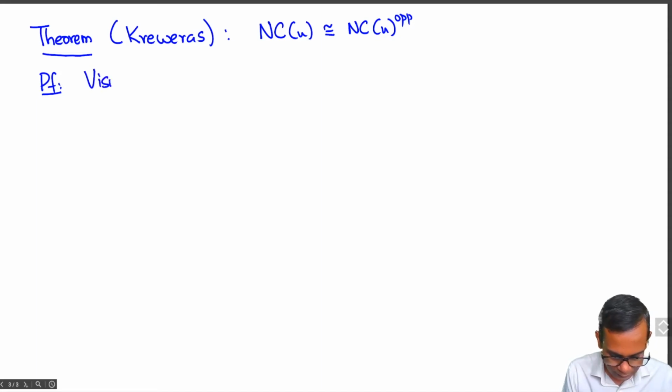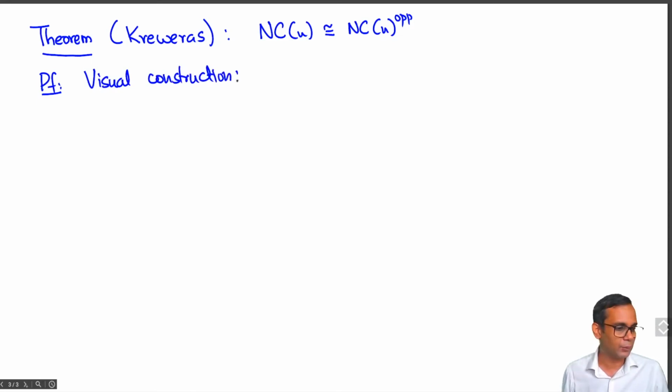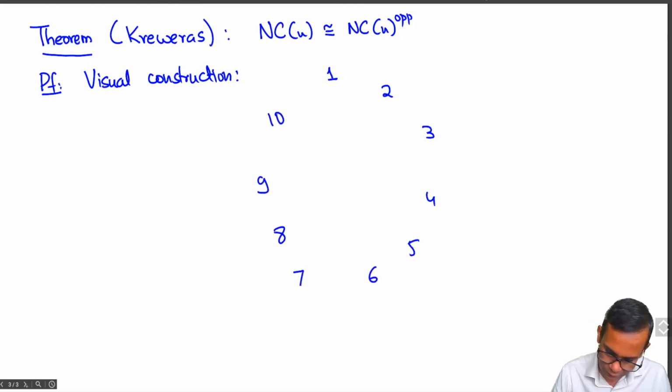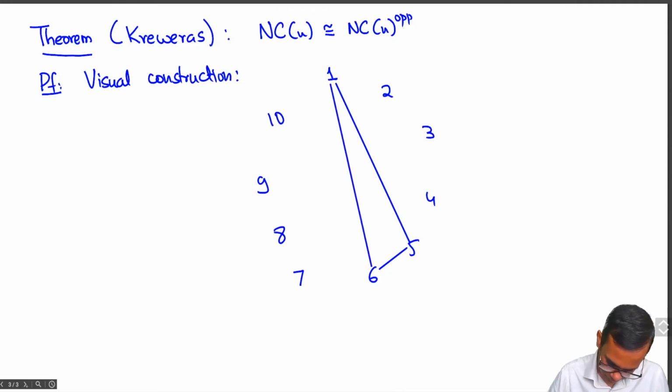So the proof is by a visual construction. Let me just do it by an example, and I'll let you think about why this works. So let's just take a set partition in NC10, for example, I'll join 1, 5, 6, 10, 9, 10, 2, 3, and these will be singletons.